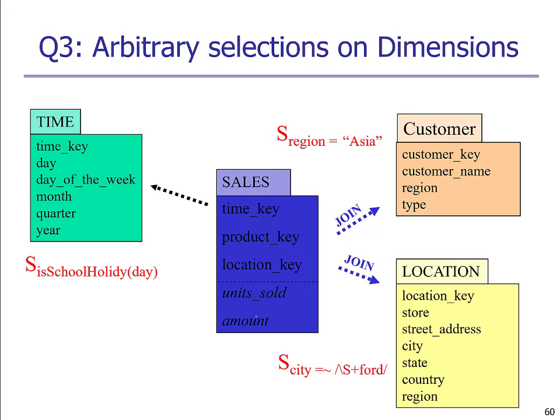This 10% is on the sales. So, for example, if we use the condition region equals Asia, and if we join the sales table and the customer table together and apply this condition, we can probably filter out just, say, 10% of the total transactions, right?